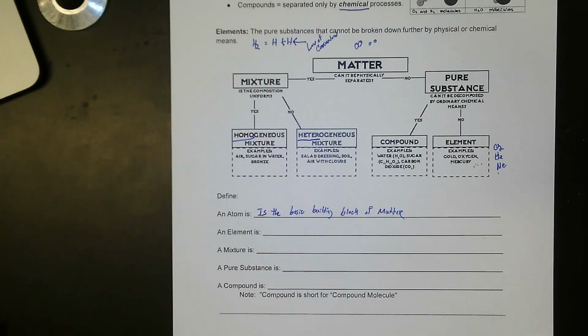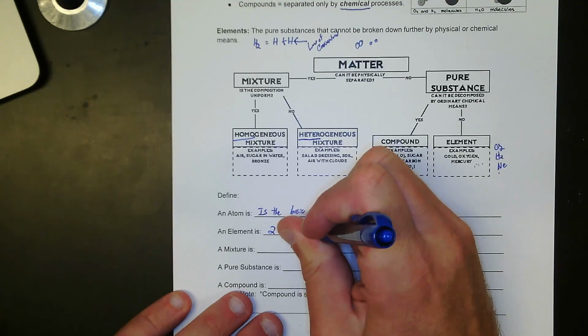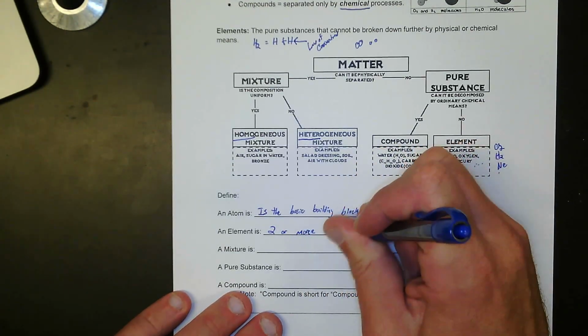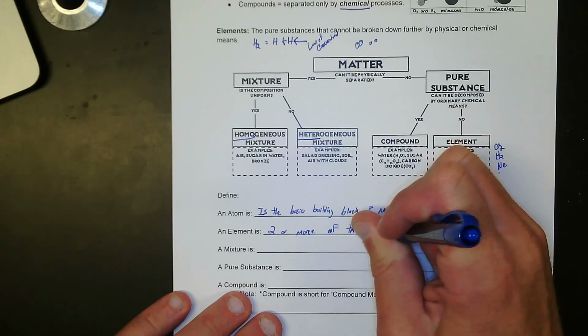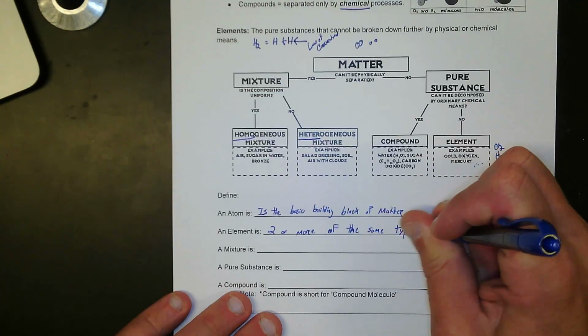What is an element? An element is two or more of the same type of atom together. I can't talk and write at the same time.